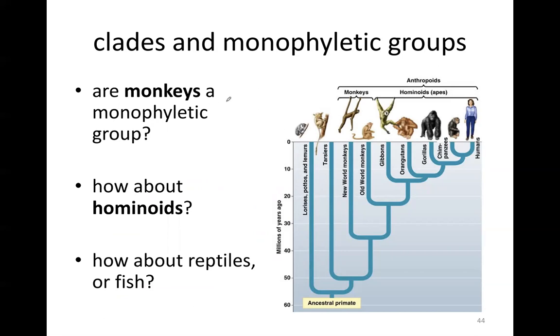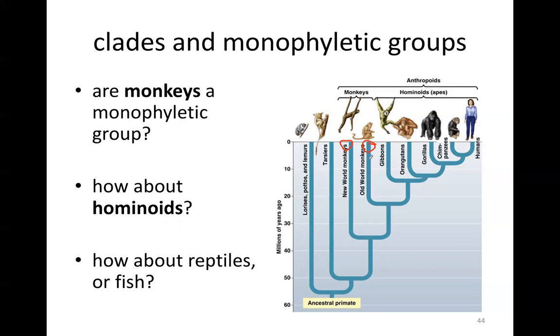A bit of exercise. This is a phylogenetic tree of primates, and our questions are about monkeys here, New World monkeys and Old World monkeys. Are monkeys a monophyletic group? Well, you can decide. This can also be a nice quiz question.